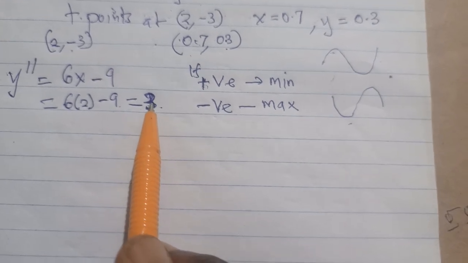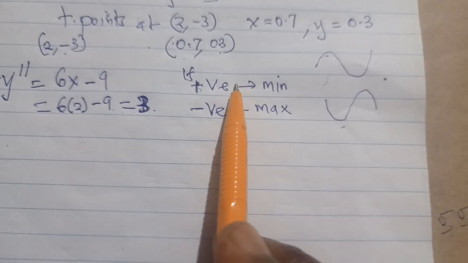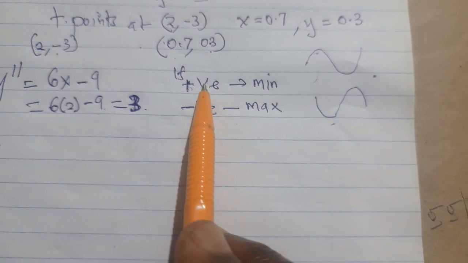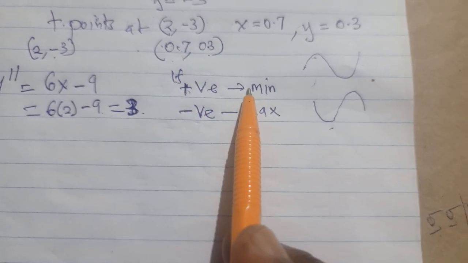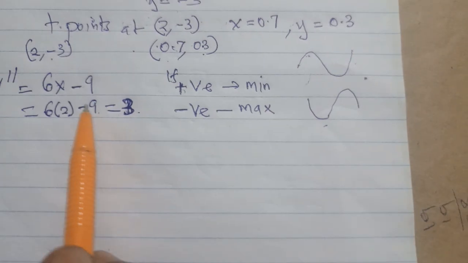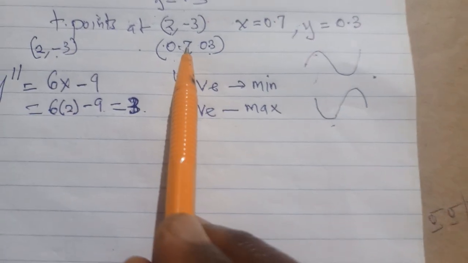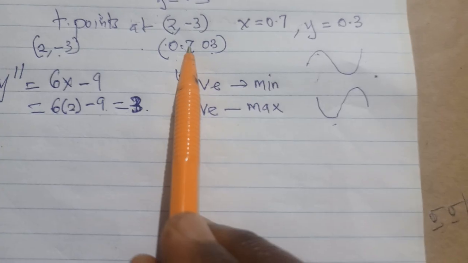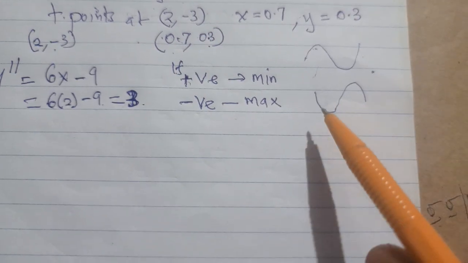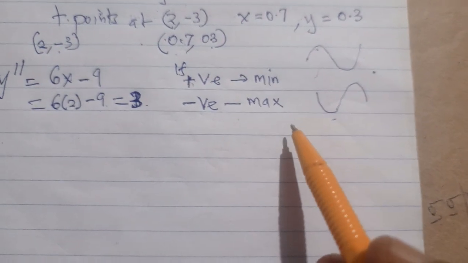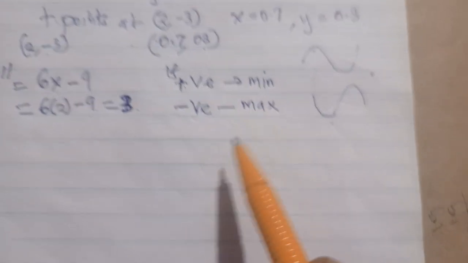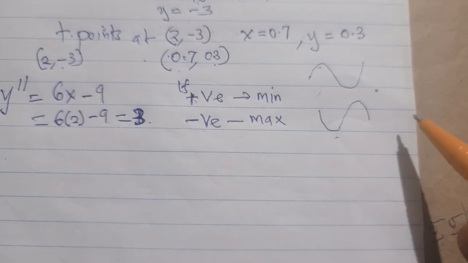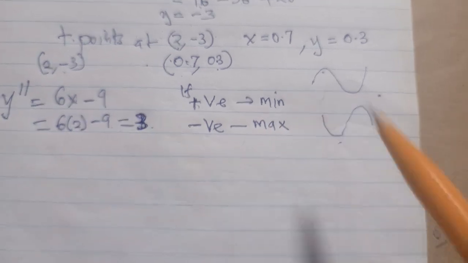It is a minimum, because we've said for the second derivative, if it is positive, the turning point is a minimum. That means, therefore, that the other turning point is a maximum. So we don't even need to prove. If a curve has 2 turning points, and one is a maximum, the other one will be a minimum, and vice versa.